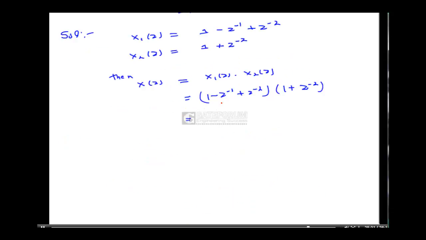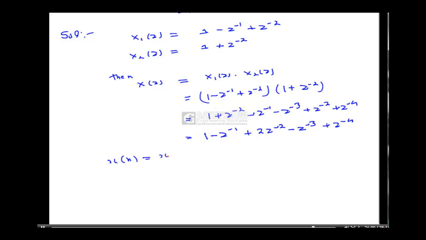So I will get 1 plus z to the power minus 2 minus z to the power minus 1 minus z to the power minus 3 plus z to the power minus 2 plus z to the power minus 4, which is equal to 1 minus z to the power minus 1 plus 2z to the power minus 2 minus z to the power minus 3 plus z to the power minus 4.